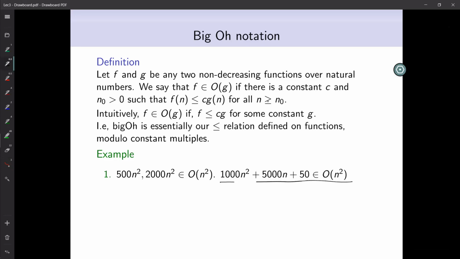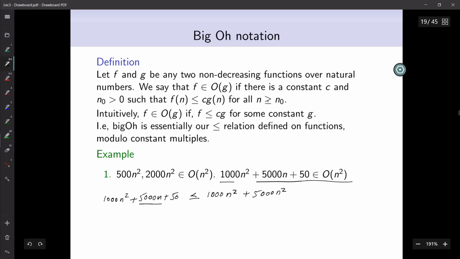Let's consider 1000 n square plus 5000 n plus 50. Now I can see that 5000 n is less than or equal to 5000 n square for all n greater than or equal to 1.